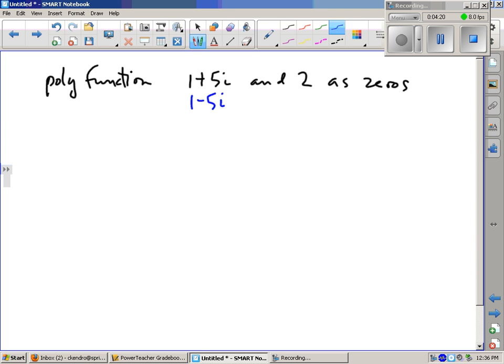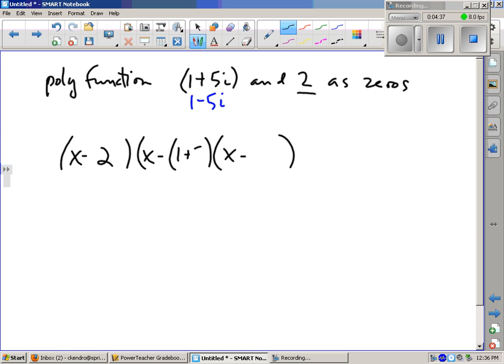Now putting these in the parentheses form, we need to do that. We have 3 zeros, so I have 3 parentheses, and all of them are going to be x minus, x minus, x minus. So x minus 2 would be our first one. Then x minus (1 plus 5i), and x minus (1 minus 5i). Same procedure, just looks a little weird because of all the i stuff.